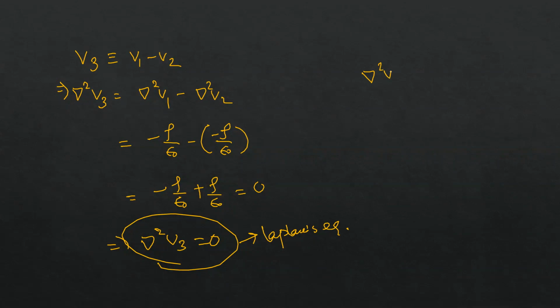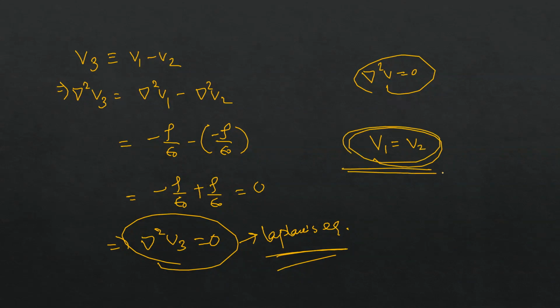Laplace equation is del square V equal to 0. So the Laplace equation is satisfied, and then we can say V1 is equal to V2. The potential has constant values at the boundaries, the two boundary points we took.